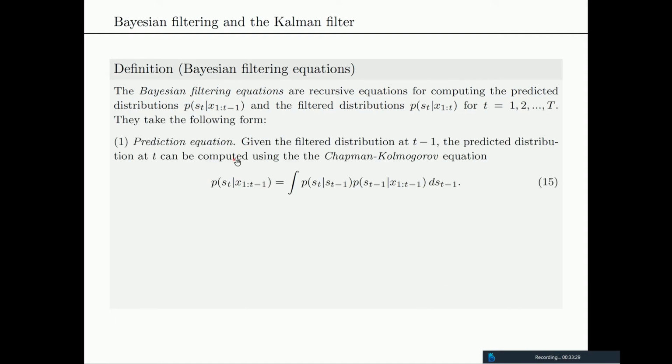So how do we get to the prediction? How do we get to the distribution of s_t given the observations from 1 to t-1?